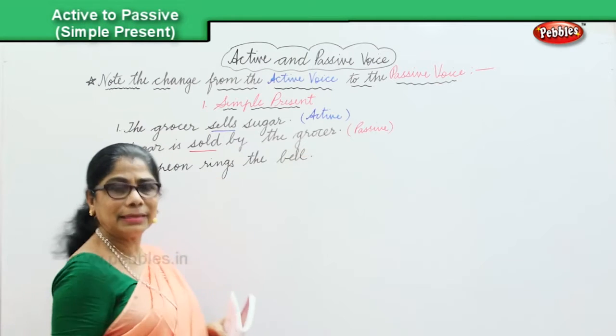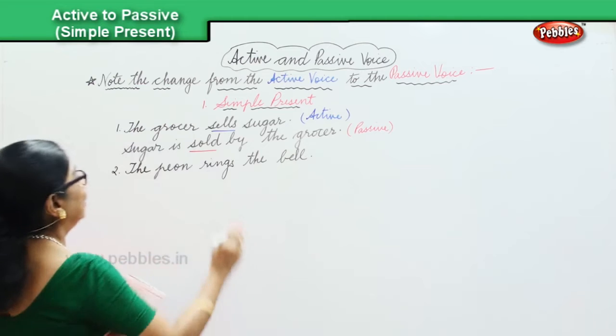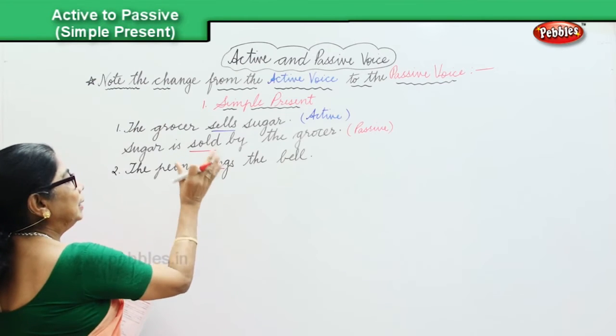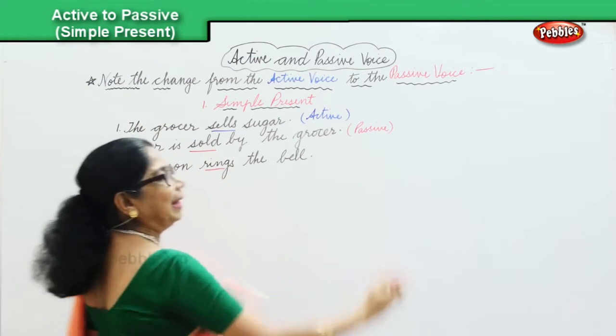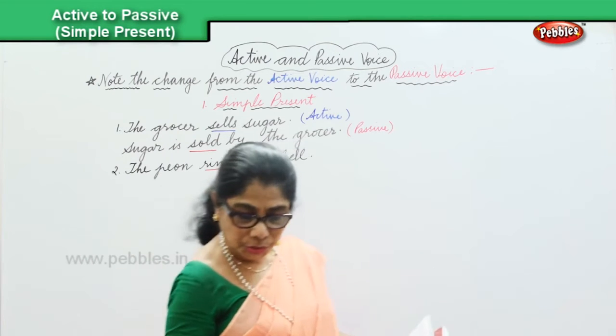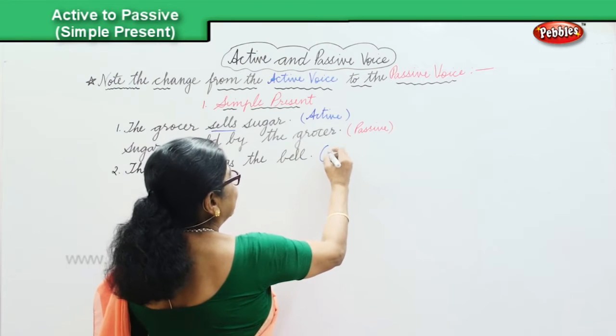Rings, that's the verb here. The bell. The peon rings the bell. Subject peon, the verb rings, and the bell is the object. The peon rings the bell, active. So the first one is active voice.